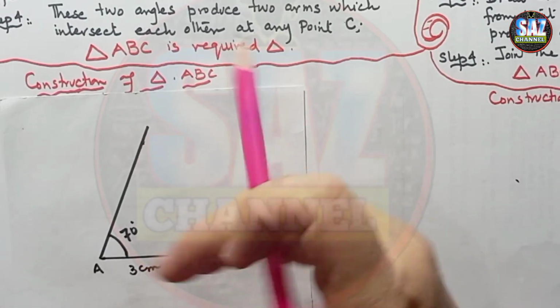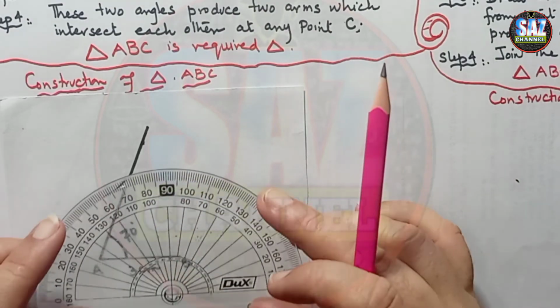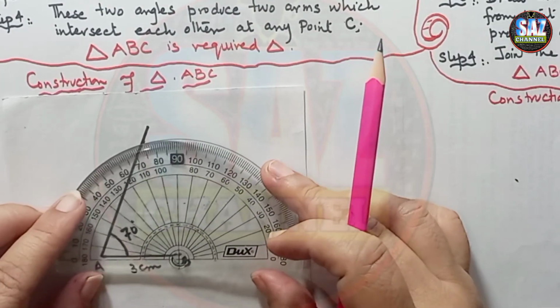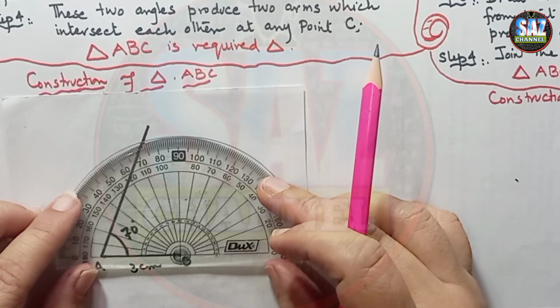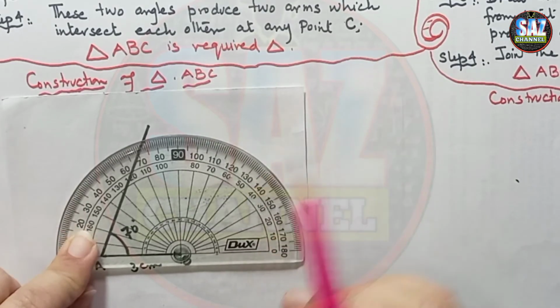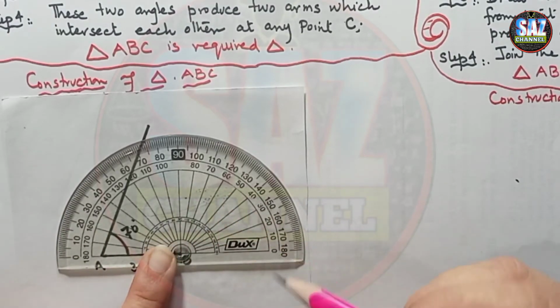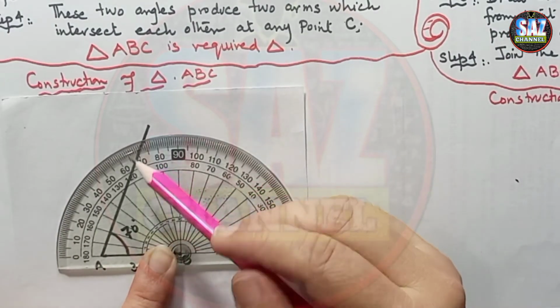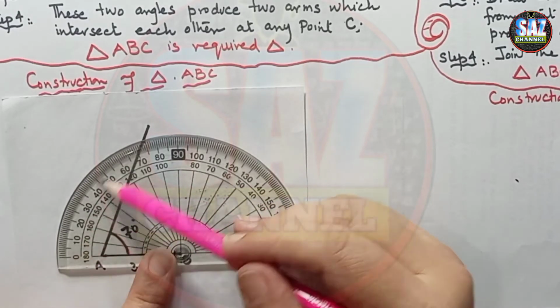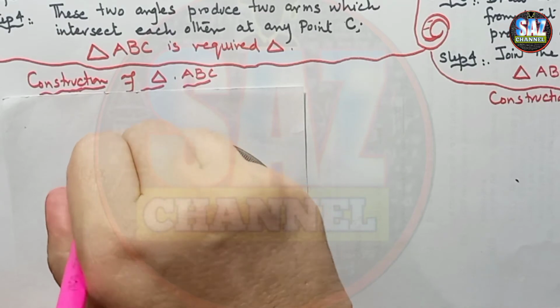Step 3, construct an angle of measure 55 degrees at vertex B. Now again I have to keep the vertex of the protractor at point B, and the zero line has to hide this line AB, and now I have to construct the 55 degree angle. The 55 degree angle will be coming at this place, right in between 50 and 55.